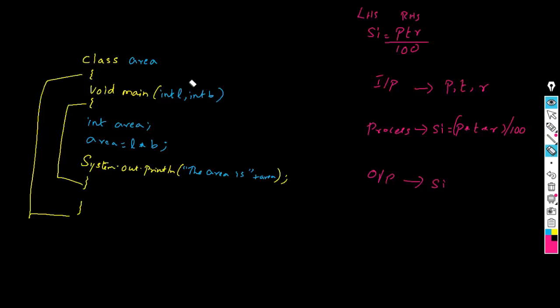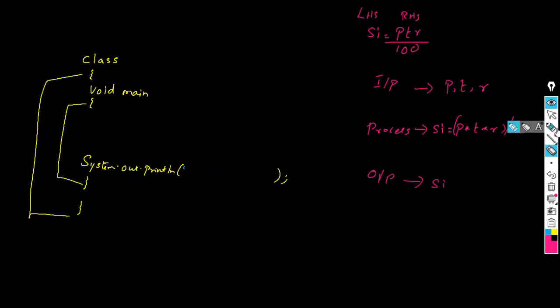Now if I have to write it here, how do I go about it? See, I'm just erasing only the parts whichever I told in the skeleton, right? So always stick to the skeleton so it'll be easy for you to understand. So now I just start with the first one. I'm just giving it as sim. So void main int p, int t and int r. Okay.